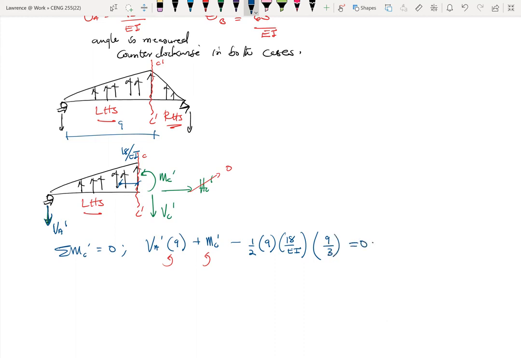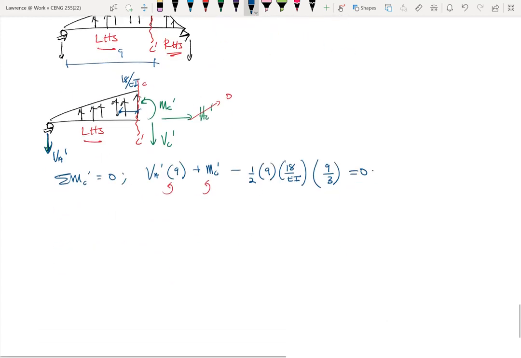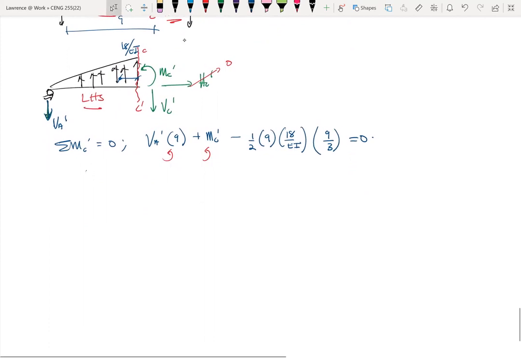Okay, but we know VA to be 45, right? So I can write that, 45 times 9 plus MC prime minus all of this, and that should give us 9 times 6 times 9 times 3 times 9.